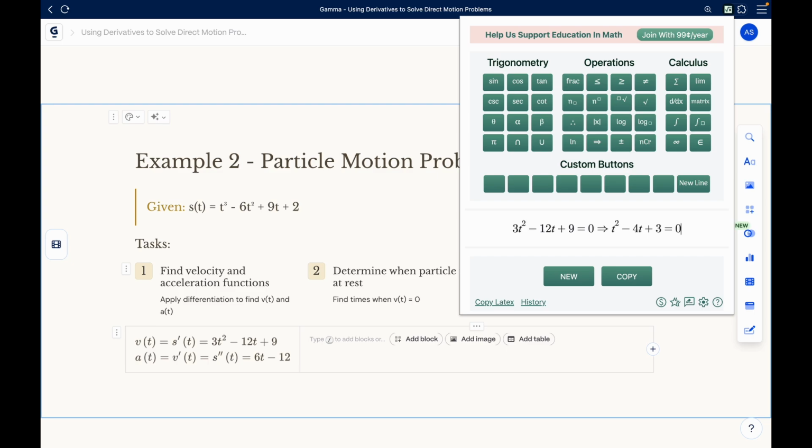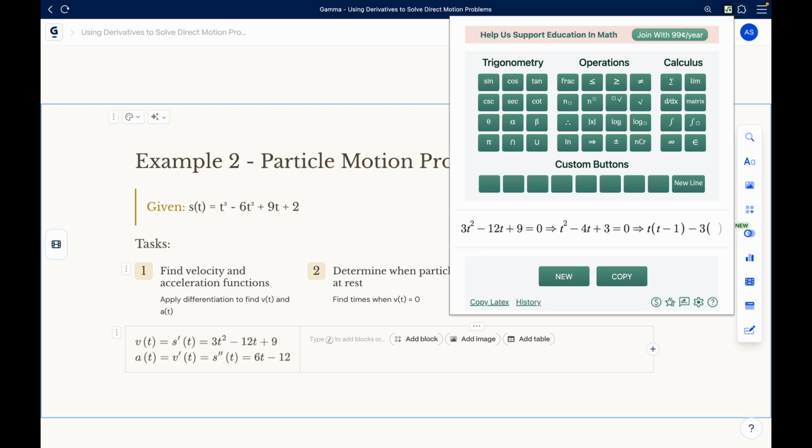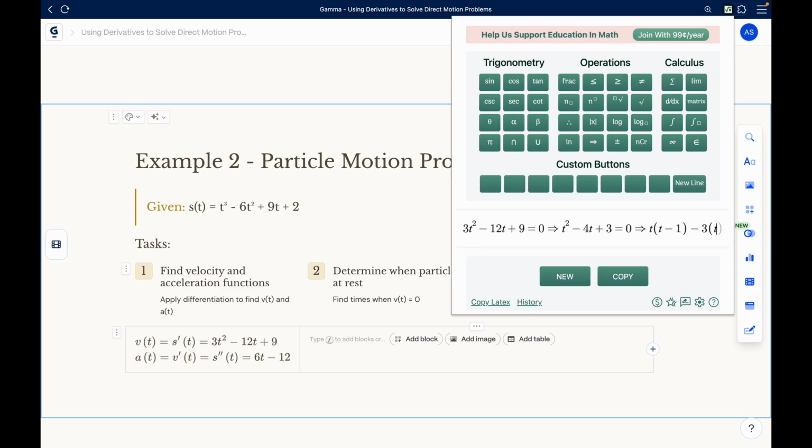And when we factor this, we get t squared minus t minus 3t plus 3. So we get t times t minus 1, then minus 3 times t minus 1.